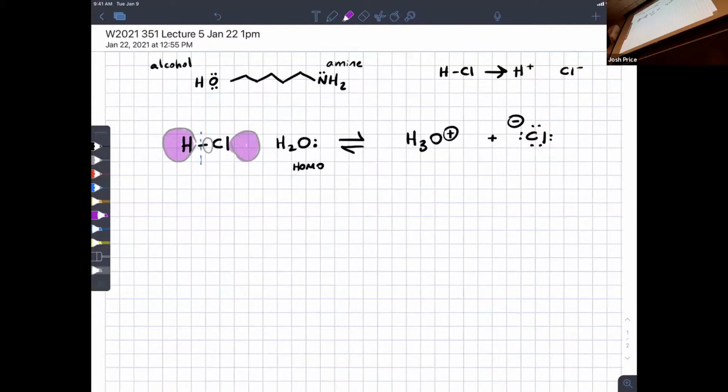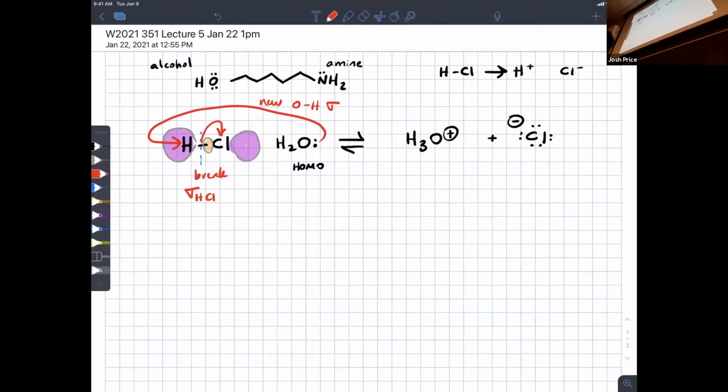And so as those lone pair electrons on oxygen dump themselves into the sigma star, we form a new oxygen hydrogen sigma bond, and we have to break the old hydrogen chloride sigma bond with the electrons ending up on chloride because chloride's more electronegative than hydrogen.